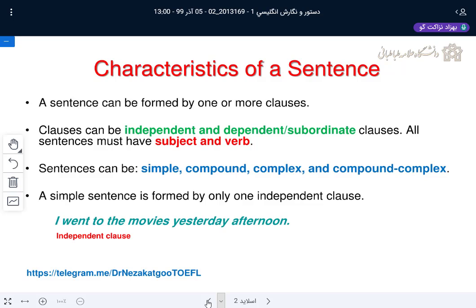When they come immediately after linking verbs, they are subjective complements. When they come immediately after another noun, which is an object, and complete the meaning of that noun, in that case it is the objective complement. Then we talked about the possessives and the other things.